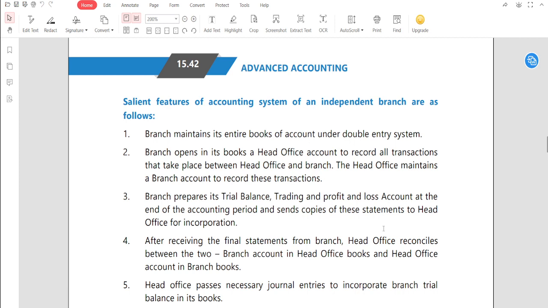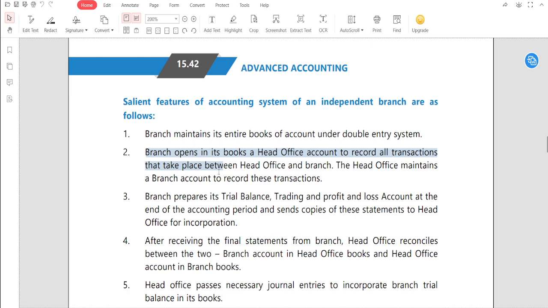salient features of the accounting system of an independent branch are as follows. So what are the salient features that we need to understand first? See, the branch maintains its entire books of accounts, that's the very first feature. The branch maintains its entire books of accounts under the double entry system, that's easy. The branch opens an HO account in its books to record all the transactions.